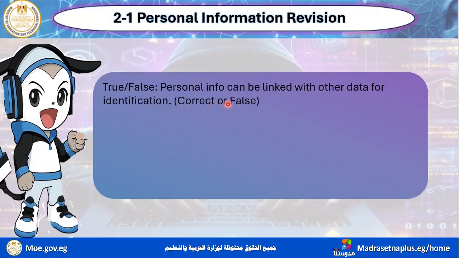Personal information can be linked with other data for identification. Is it correct or false? Well, it's correct, of course, because we can link our personal information with data for identification, in government, at schools, at hospitals, and so on.